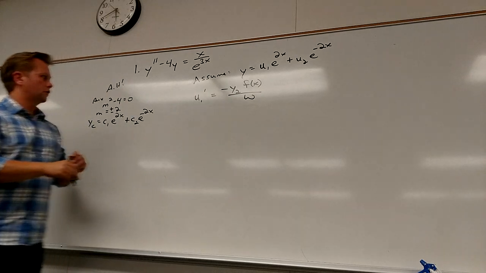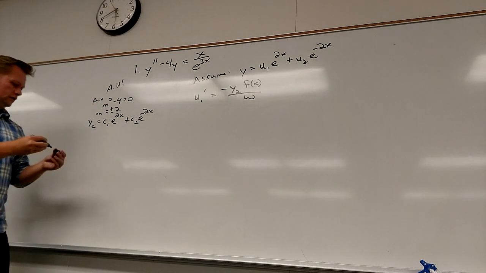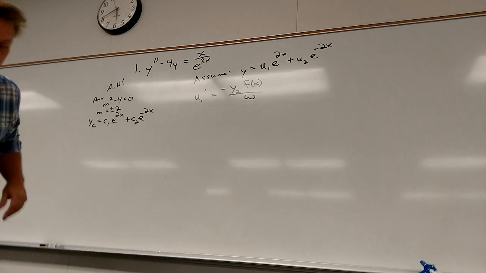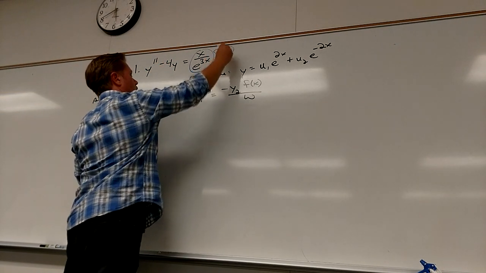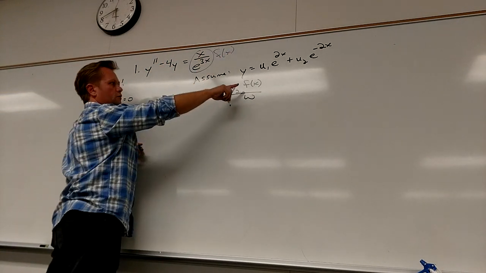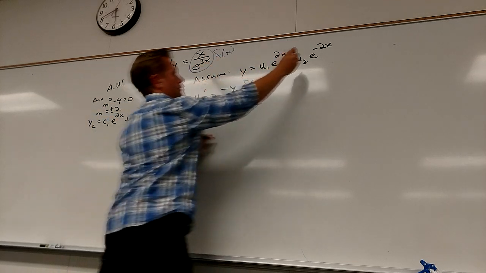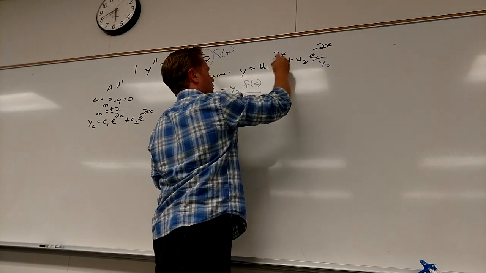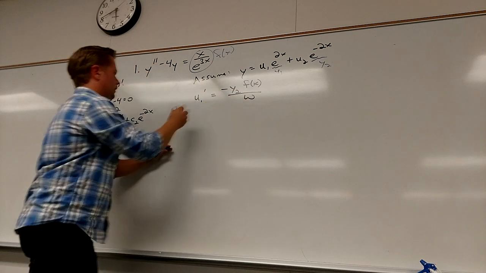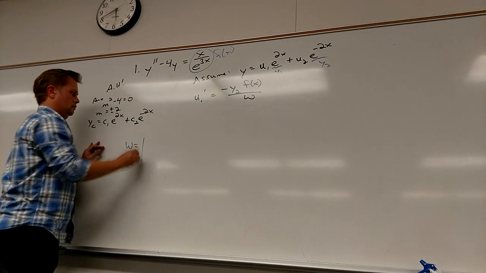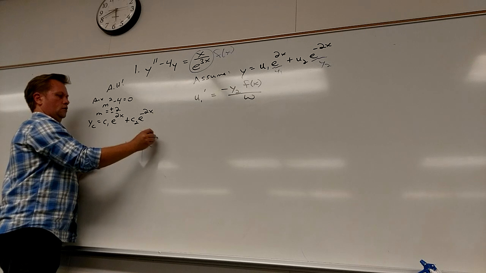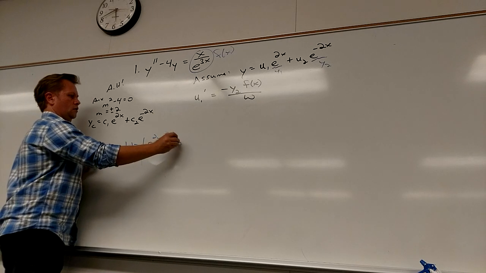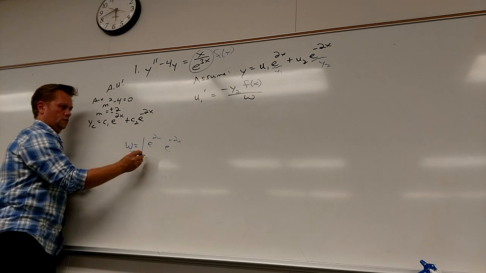All right, so let's figure out what those things are. What's f of x? Yeah, this is f of x. What is, well, y2 we know is this. And the Wronskian, how do I get the Wronskian? e to 2x, e to 2x.